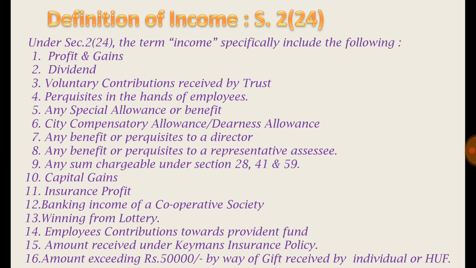It is not necessary that a person gets income by a single gift. Whatever gifts that person has received, if the total amount exceeds rupees 50,000, that will be taxed under the head income from other sources.